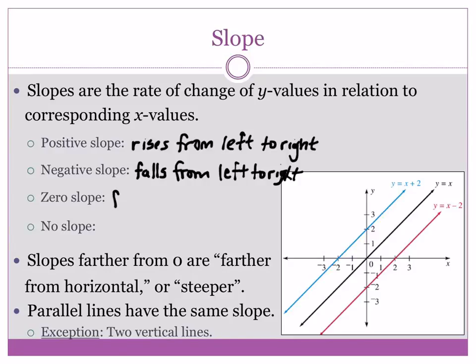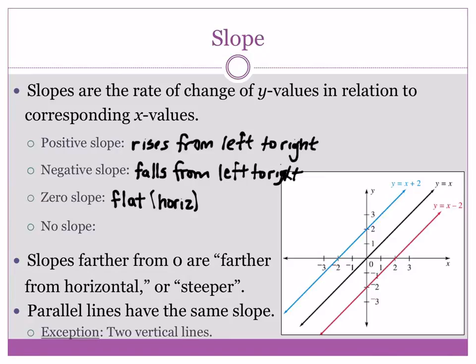Zero slope is flat, right? That's a horizontal line. What does no slope mean? That's zero slope still. Horizontal line is zero slope. No slope would be it stays on the x-axis, right?